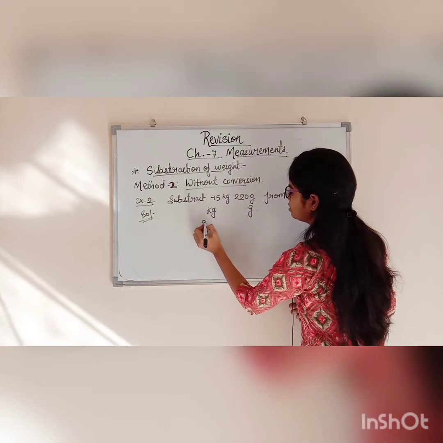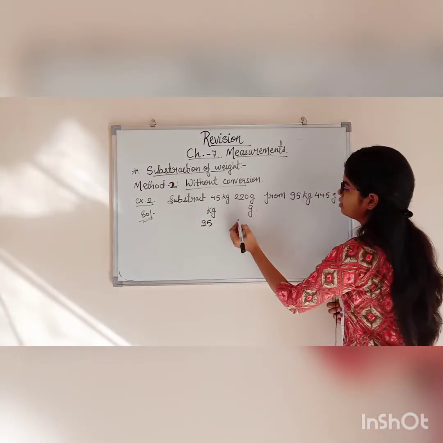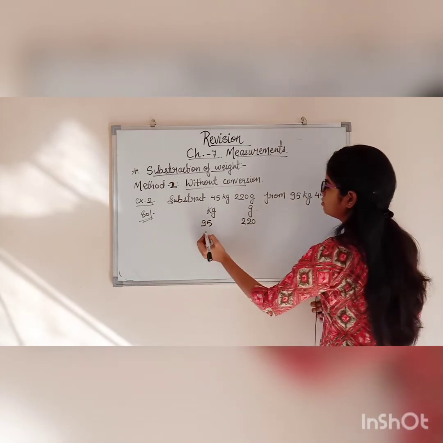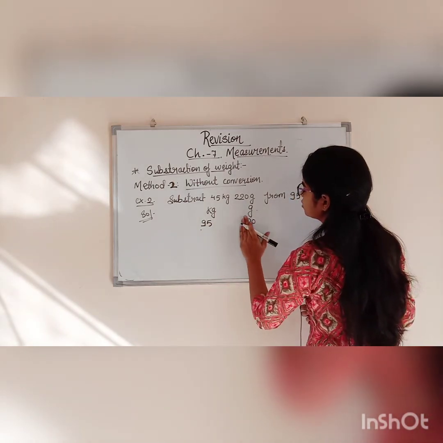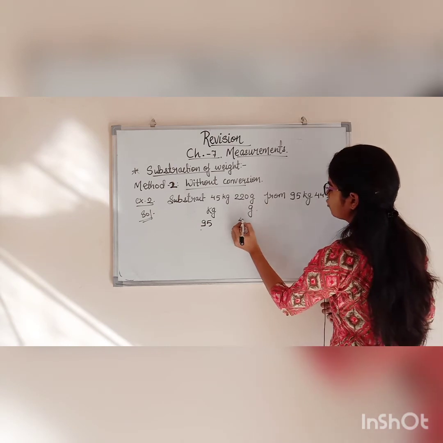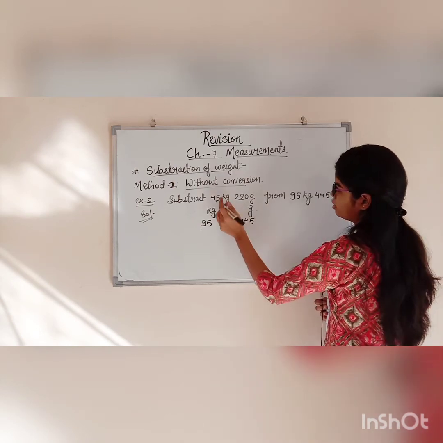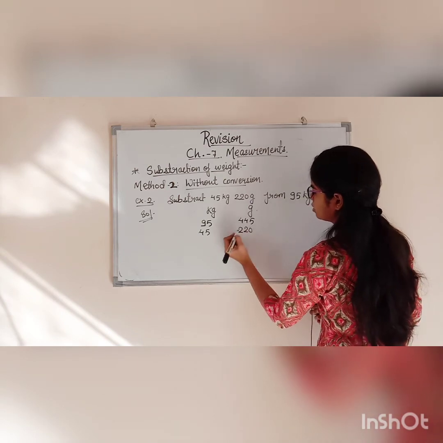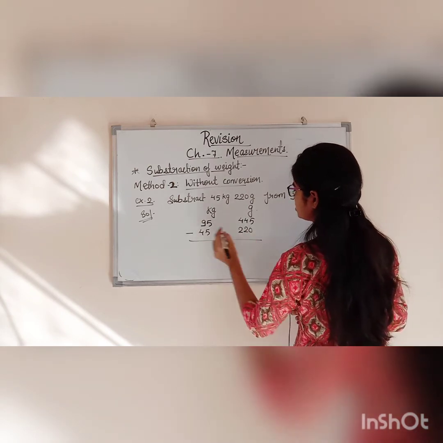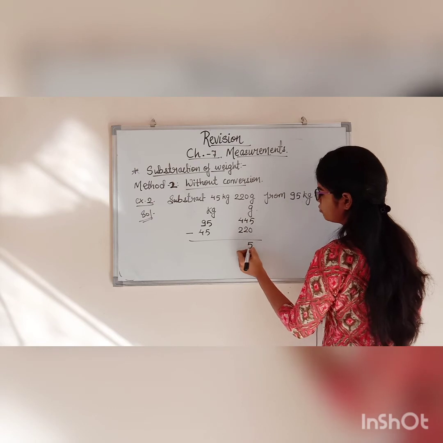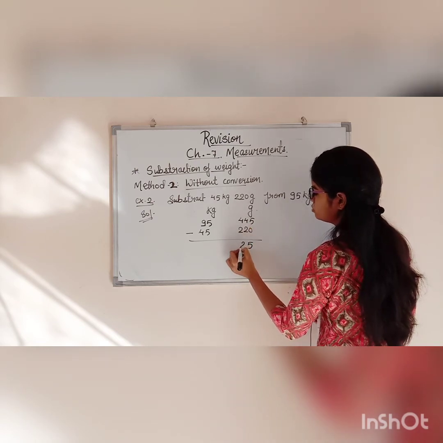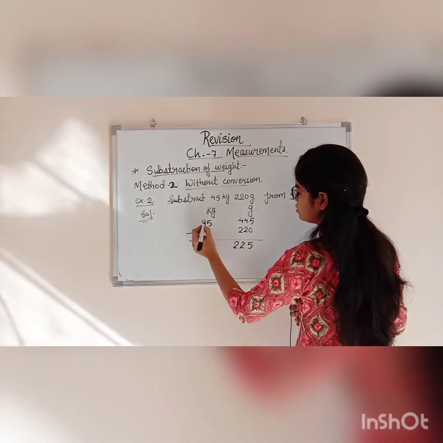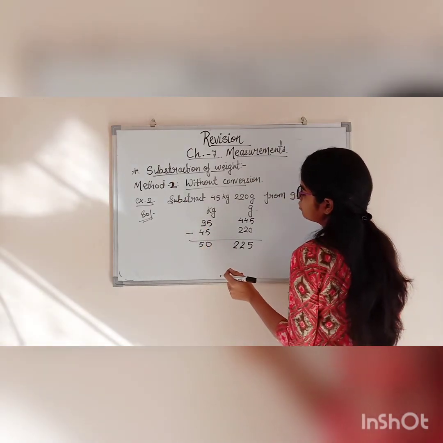So here we write 95 kilogram 445 gram and below it 45 kilogram 220 gram. So subtract these numbers. 5 minus 0, 5; 4 minus 2, 2; and 4 minus 2, 2. 5 minus 5, 0; 9 minus 4, 5.